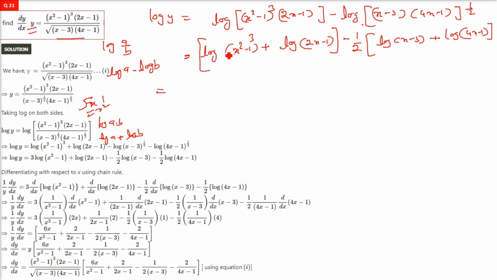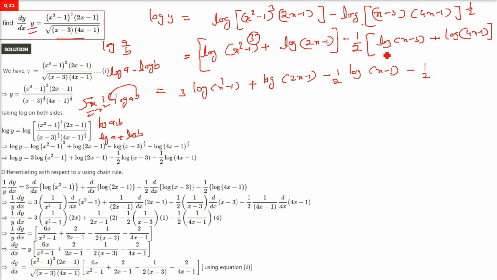Now let us deal with them separately. Since it is x square minus 1 to the power 3, log a to the power b can be written as b log a. So we have 3 log x square minus 1 plus log 2x minus 1 and minus half log x minus 3. I am multiplying negative half inside. So negative half log 4x minus 1.